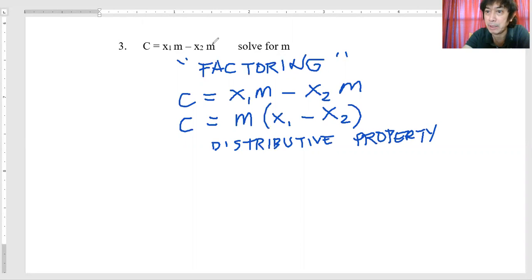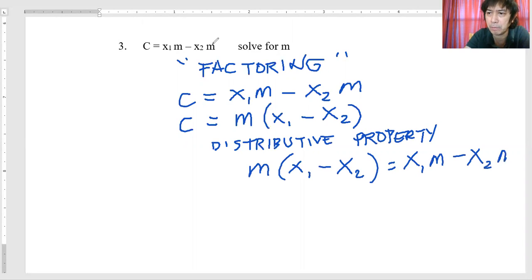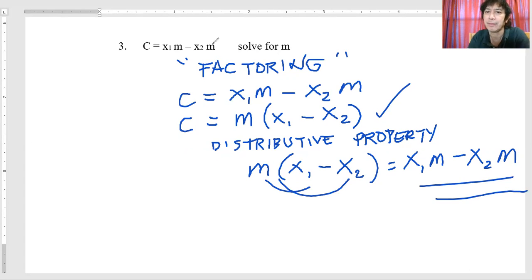You have something like m times x1 minus x2 is equal to x1m minus x2m. That's the distributive property. So these are equivalent. If you can distribute the m, you can also write it this way, or write it this way. And so we now have the equivalent at the right side.